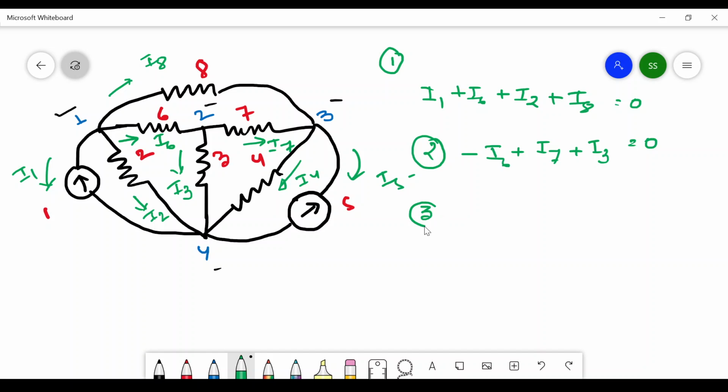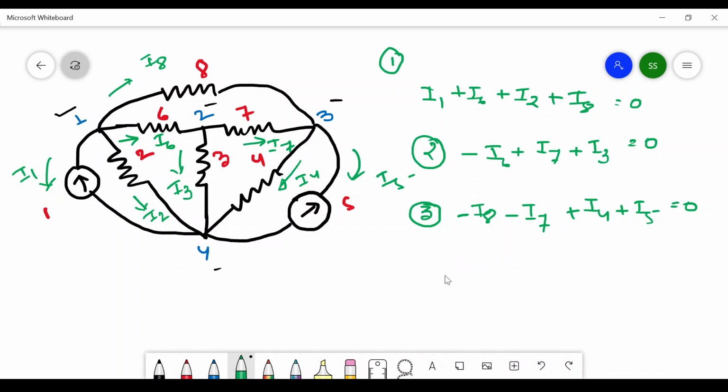And at node 3, minus I8 minus I7 plus I4 plus I5 is equal to 0.